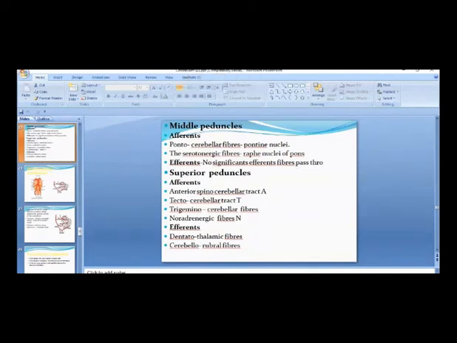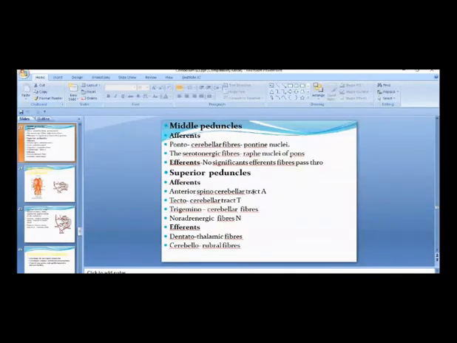Now talking about the superior cerebellar peduncle, it has also afferent and efferent. In case of afferent, you just remember ATN, not ATM. Anterior spinocerebellar tract, posterior and rostral we have already studied in inferior, so anterior is present here.